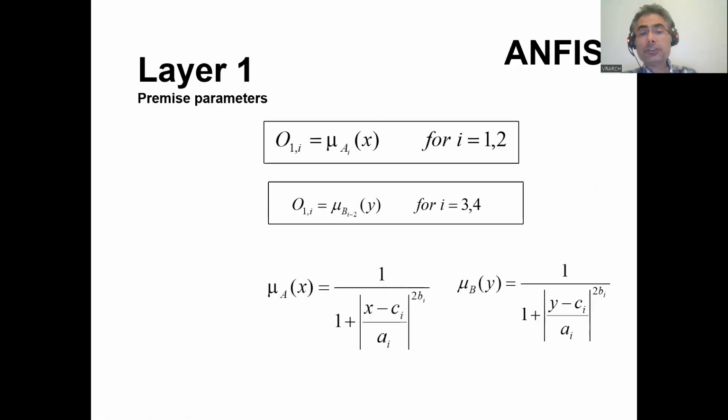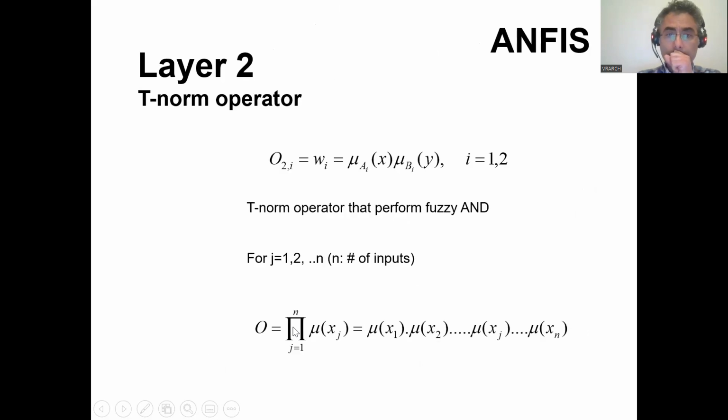In the first layer, you can represent each value and membership function for each fuzzy set. Layer 2 is the T-norm operator, which refers to the AND operation, and mathematically you can multiply. Multiplication gives you the minimum.